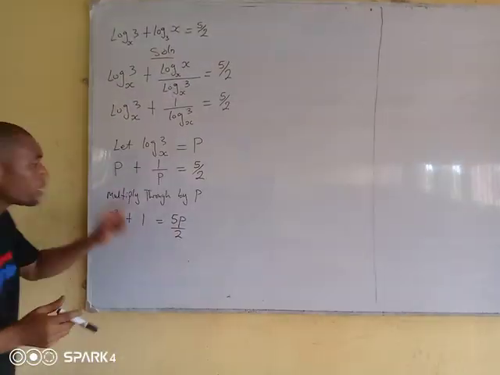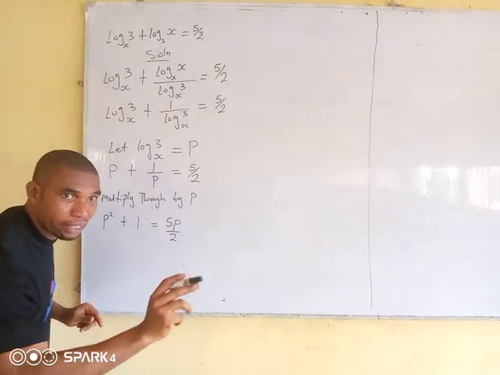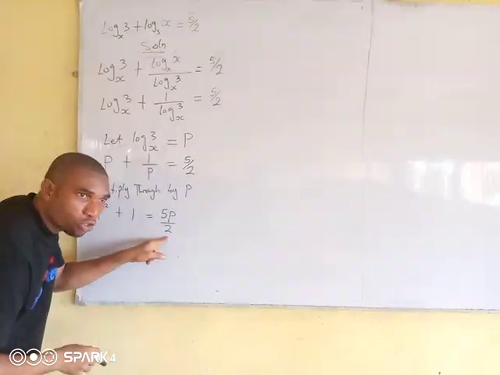For my final answer, I still have a fraction on the right hand side. I want to eliminate this denominator of this fraction.